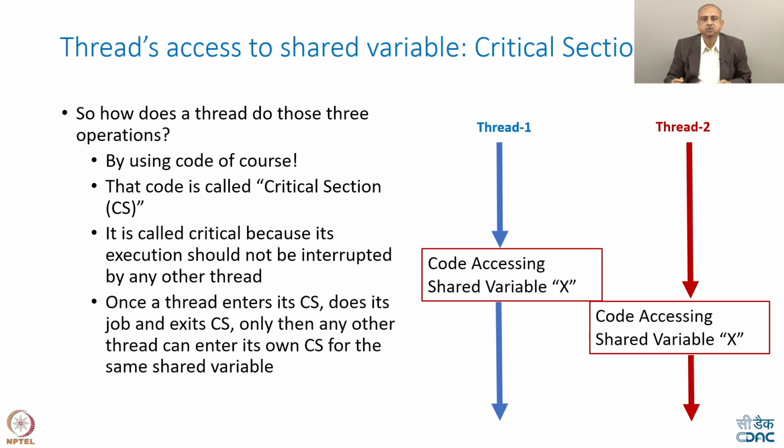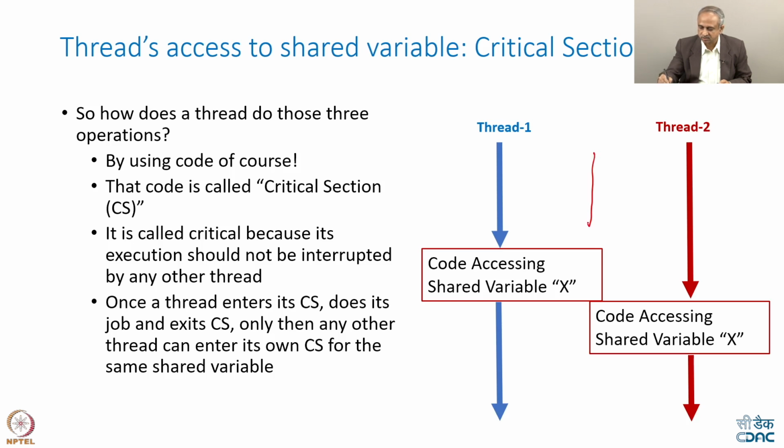So, the way it is implemented is that a thread enters the critical section, which will consist of multiple instructions. It will do its job of, like in the previous case, incrementing the variable x, and then it will exit. Once it exits, then only another thread should be able to use it. It will also have its critical section.